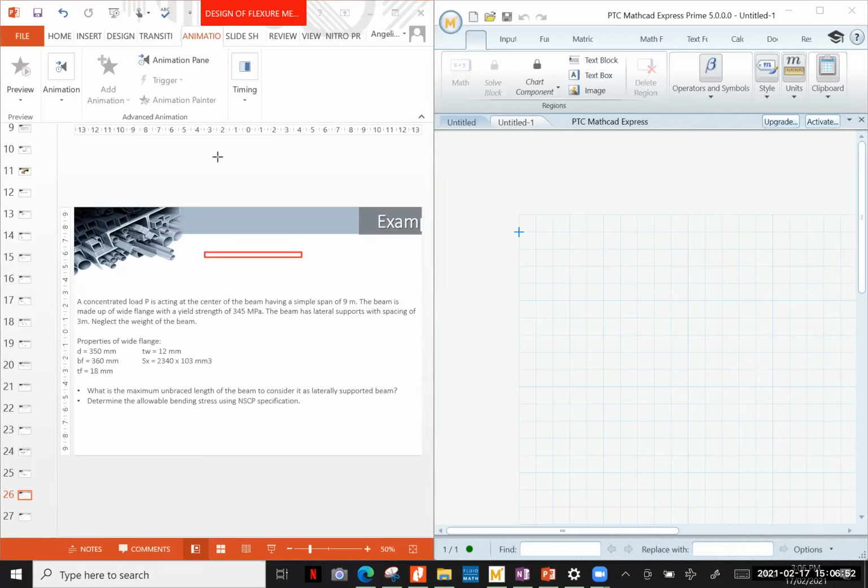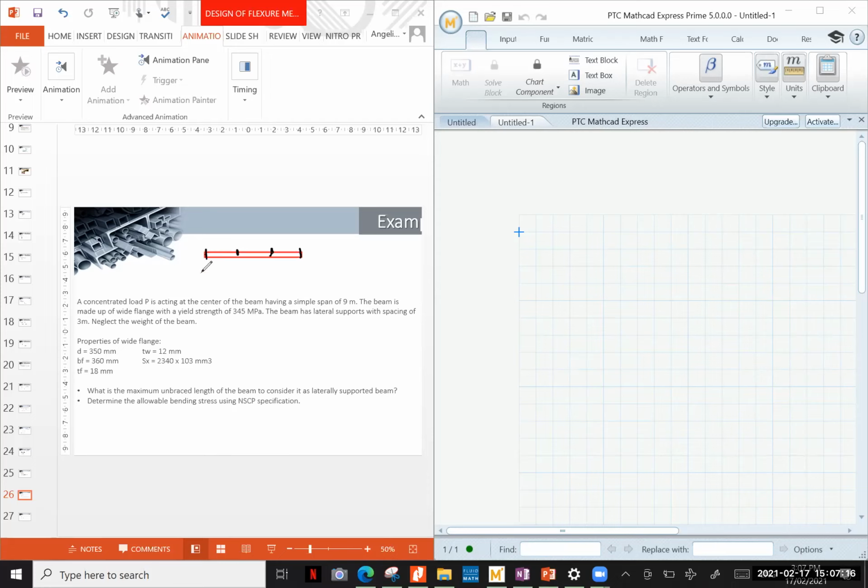Tapos, meron siyang lateral support at 3 meters. So, this is a laterally supported beam.